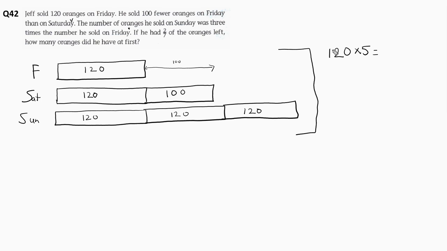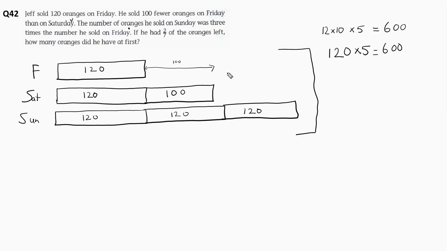Well, 120 is 12 times 10, isn't it? So 12 times 10 times 5 is like 12 times 5 times 10. So if 12 times 5 is 60, then 12 times 5 times 10 is 600.